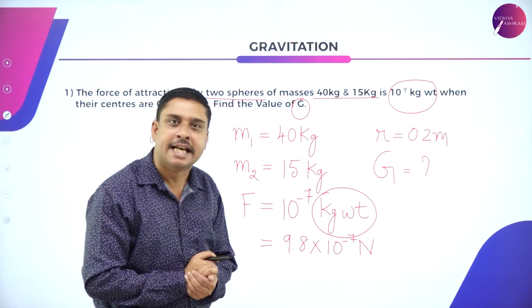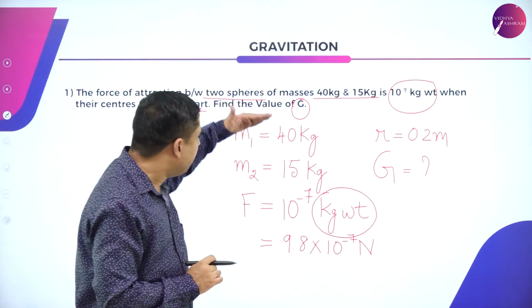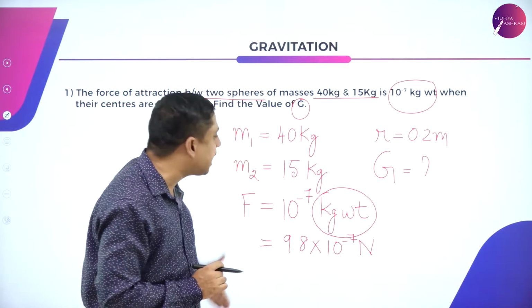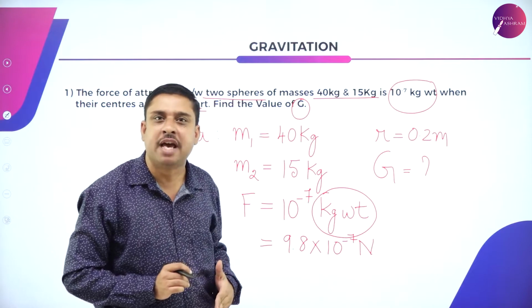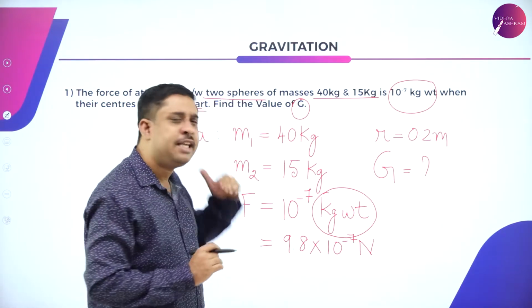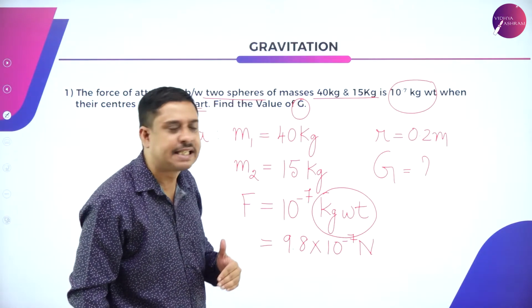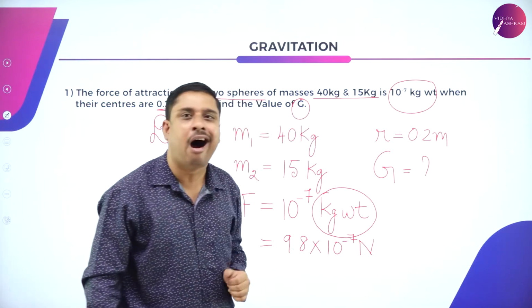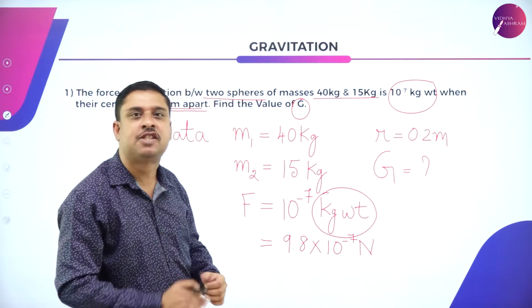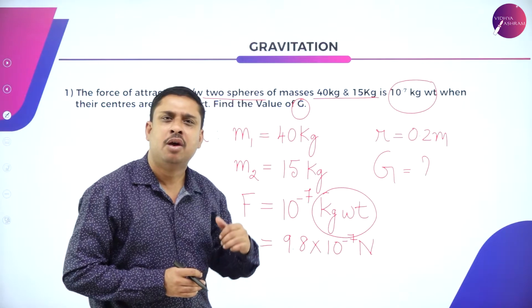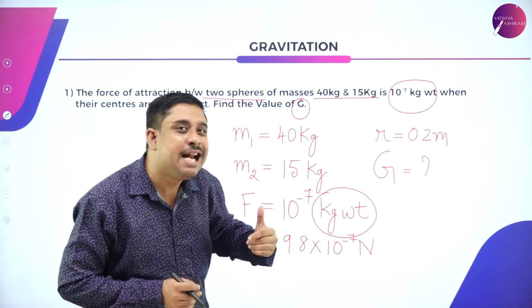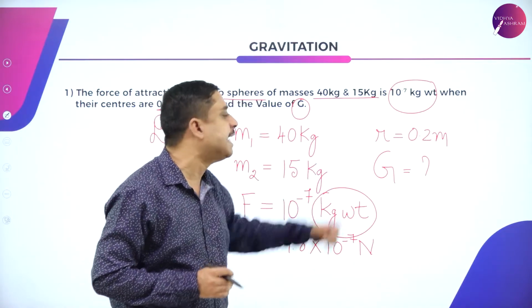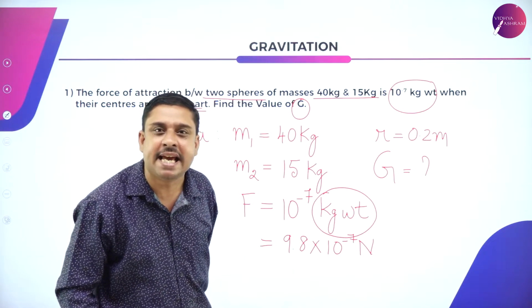So my dear students, with this data given, the mass of the two spheres, F, force of attraction, R, distance of separation. Do I know any expression relating these quantities with capital G?